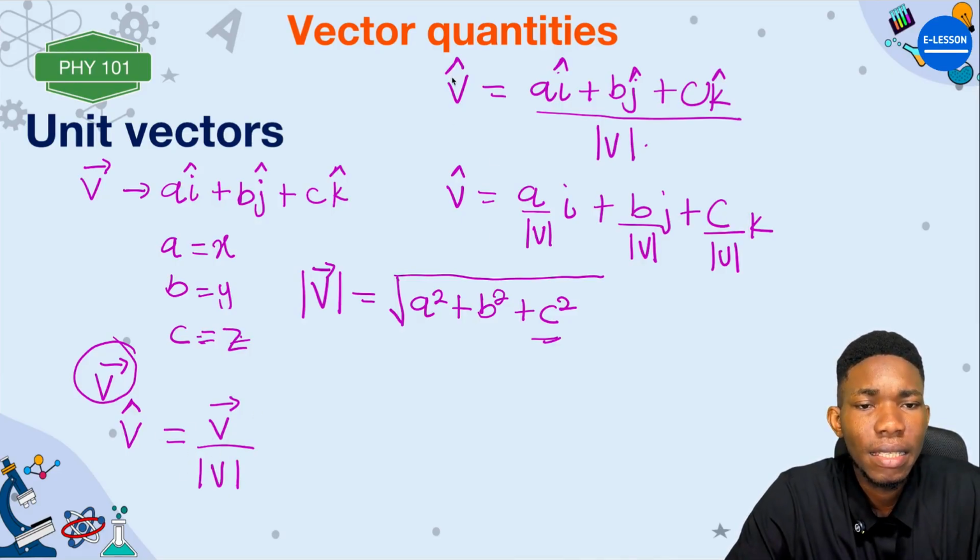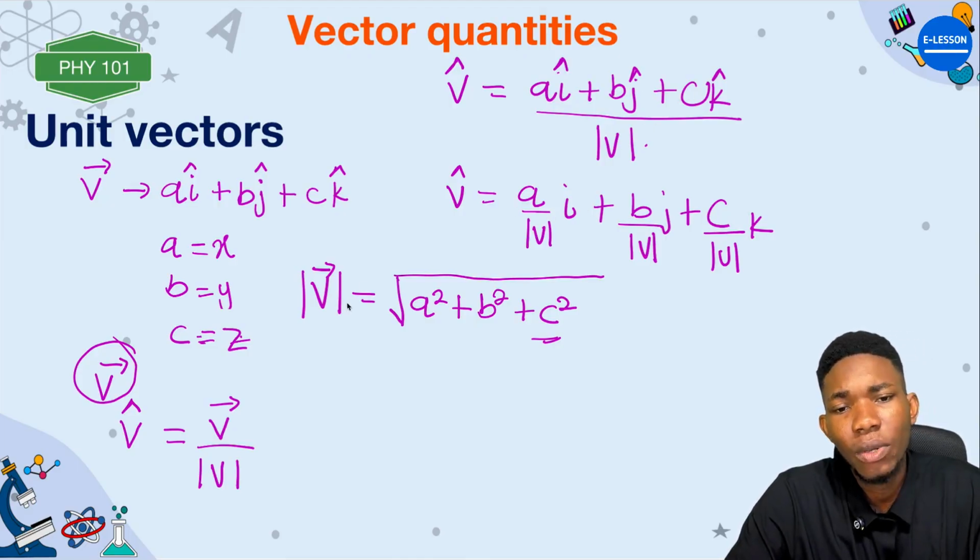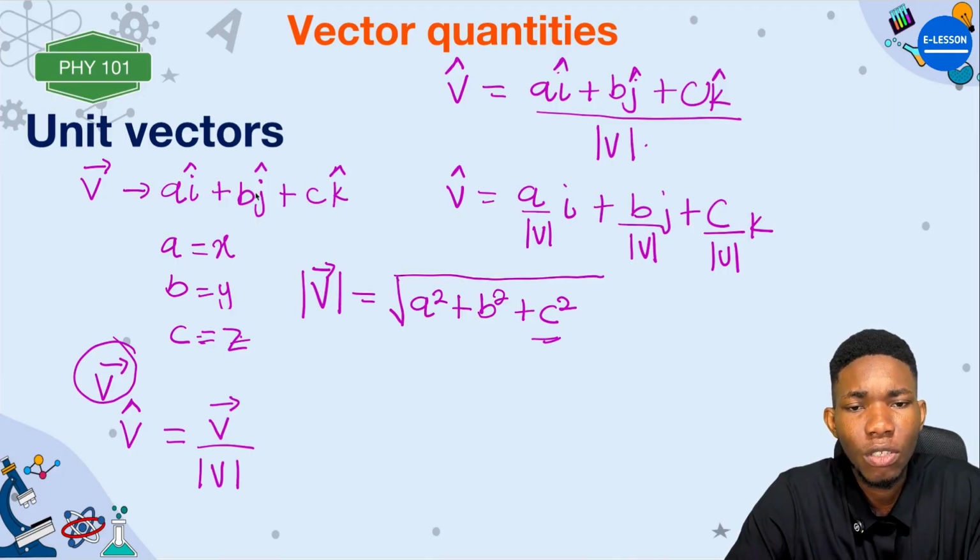In this case, our unit vector for v will be ai plus bj plus ck divided by the magnitude of v, of which we separated to give us this. To get the magnitude, this is the square root of the components of the vector, which is a squared plus b squared plus c squared.